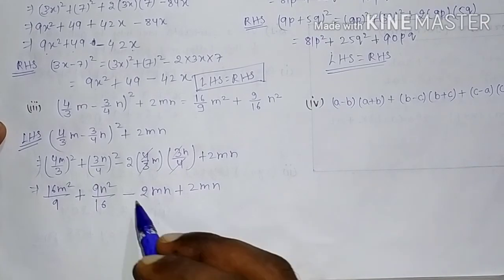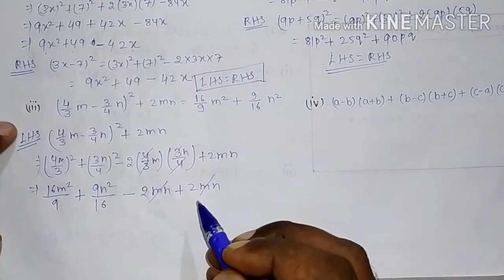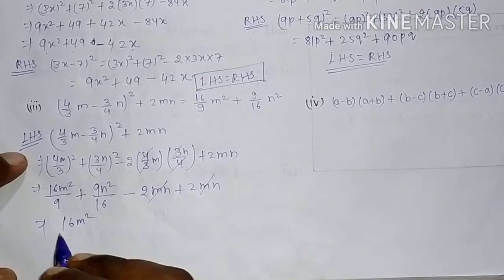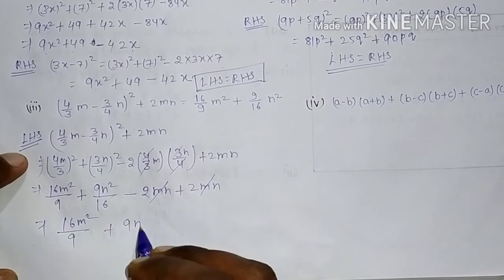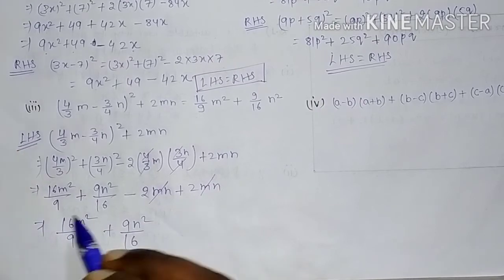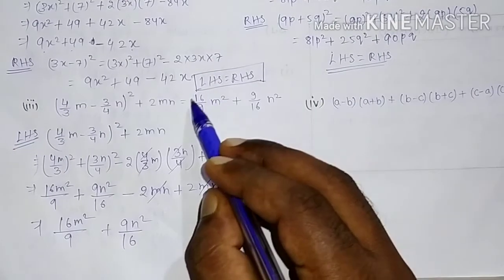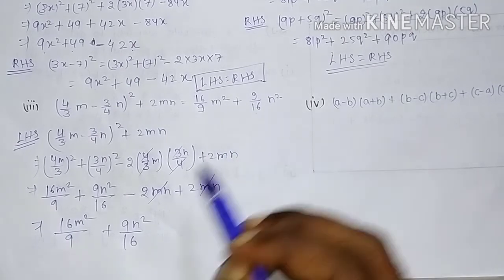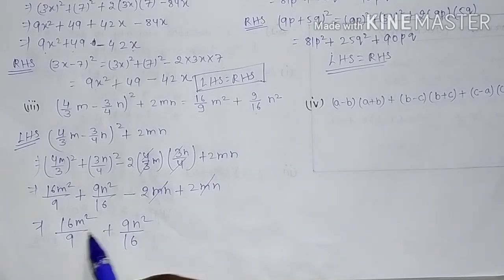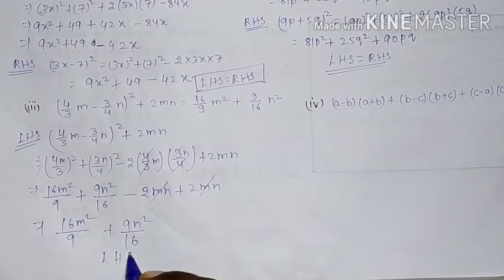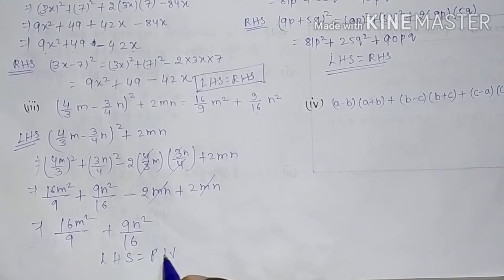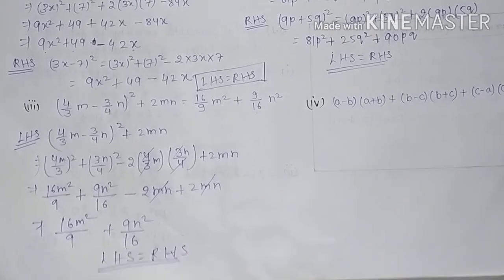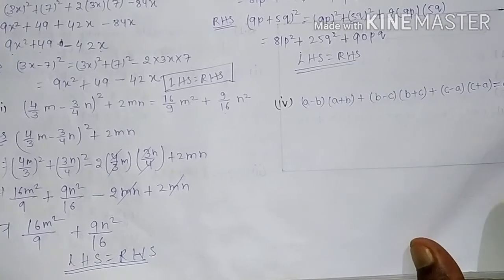Now minus 2mn plus 2mn will cancel out. What is left here? 16m square upon 9 plus 9n square upon 16. And this is the LHS part, which is equal to the RHS part. Let's see here, 16 by 9 m square plus 9 by 16 n square. So LHS equals RHS. Proved. Now the next question, that is question number 4.